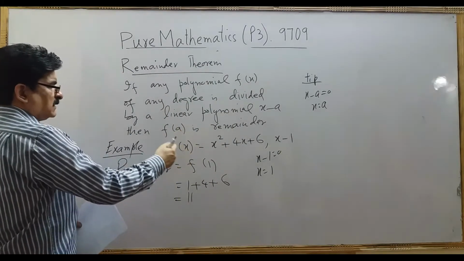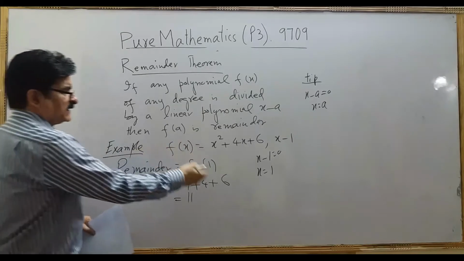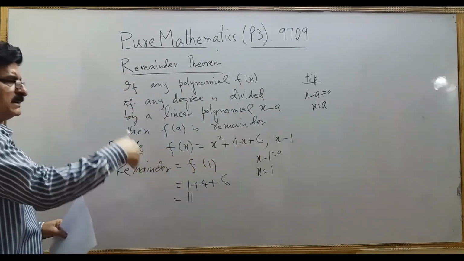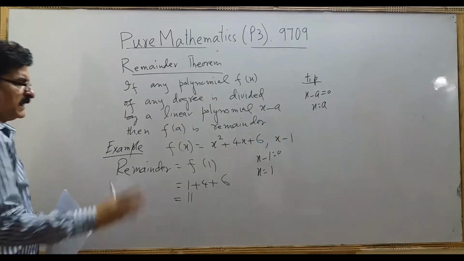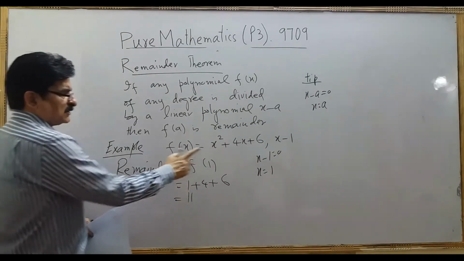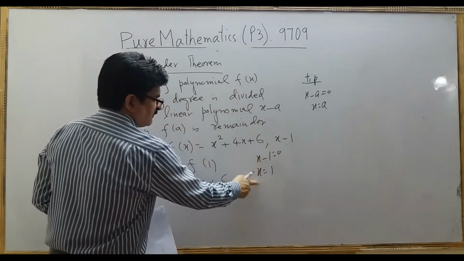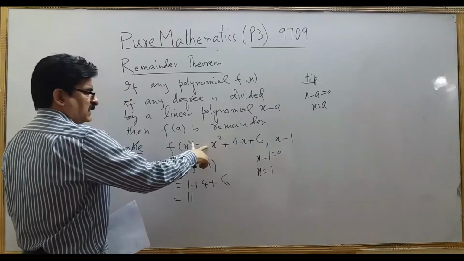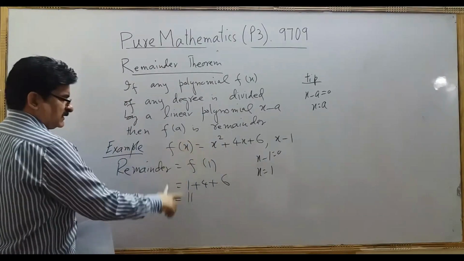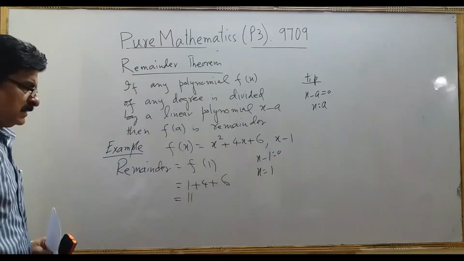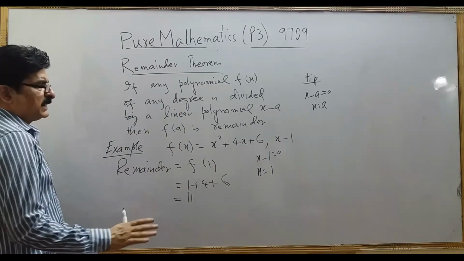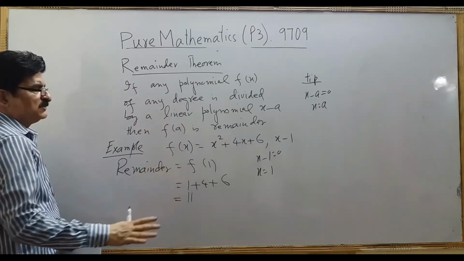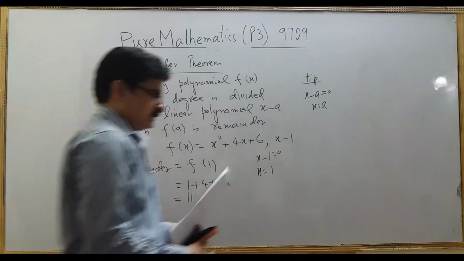If the question is to find the remainder by the remainder theorem, then doing long division will be wrong. Remainder theorem means you just put the value of x equal to 1 into this polynomial. This value of the polynomial will be the remainder. But keep in mind that the remainder theorem does not give you the quotient.